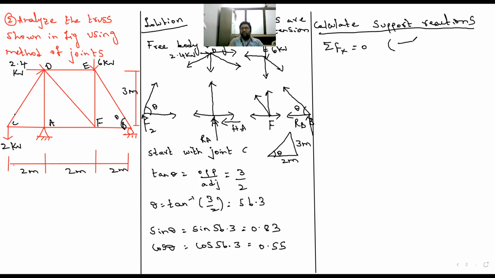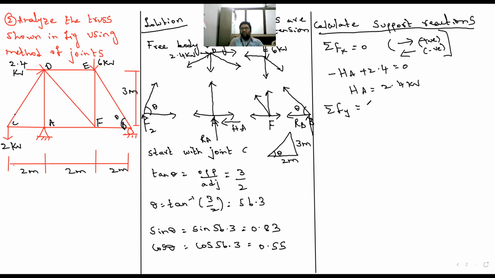Let us take this direction as positive and this direction as negative. HA is acting to the left and 2.4 to the right. Therefore, minus HA plus 2.4 is equal to 0, and HA is equal to 2.4 kilonewton.